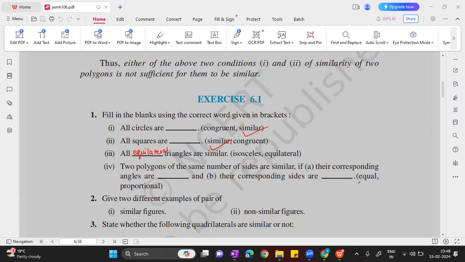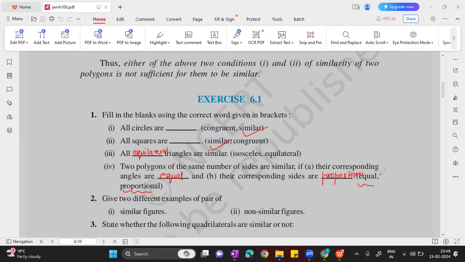The options given are equal and proportional. Where will you put what? Two polygons of the same number of sides are similar if their corresponding angles are what? Equal. Yes, the word equal will come here. And their corresponding sides are proportional. Very good.